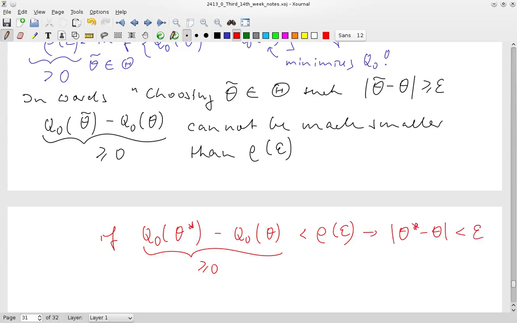Okay, and this is what we're going to need from the proof.